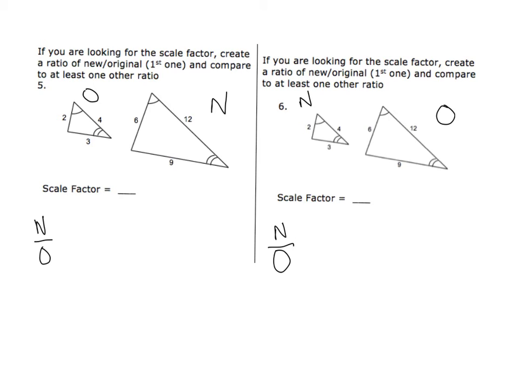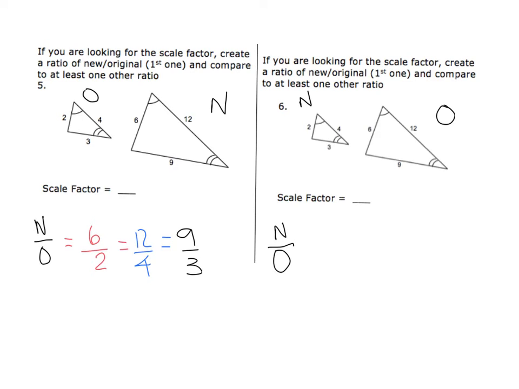So new over old, and I've already deemed this bigger triangle as the new one. So I'm going to set up my first ratio as 6 over 2, 12 over 4, and 9 over 3. Now, if they're in fact proportional, which would mean that they're similar, I should get the same value when I reduce these values.